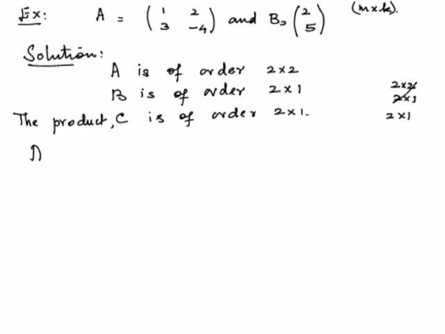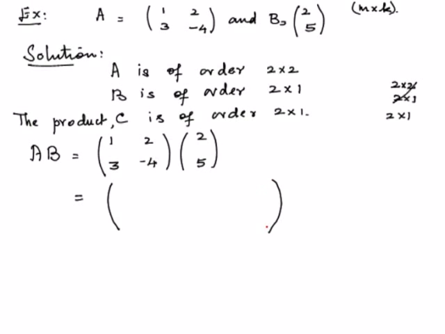Now, we have the product AB, let's write it: [1, 2; 3, minus 4] to be multiplied with [2; 5]. So, there are 2 rows and only 1 column. So, what will be the resultant matrix?